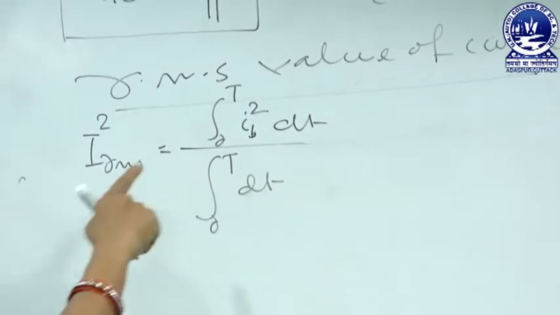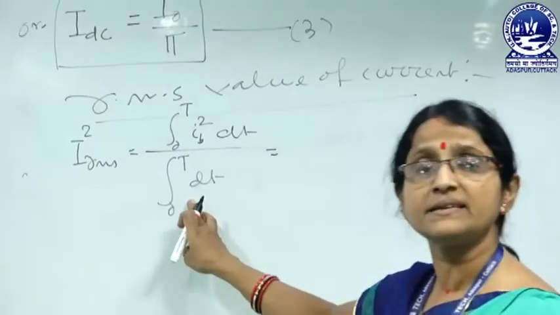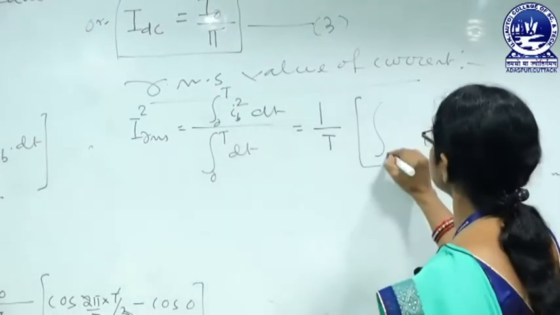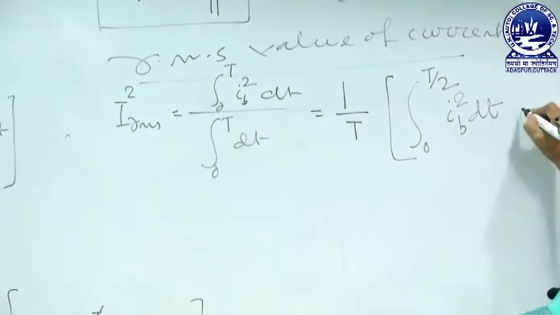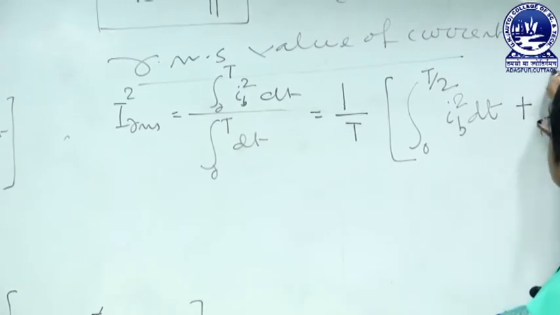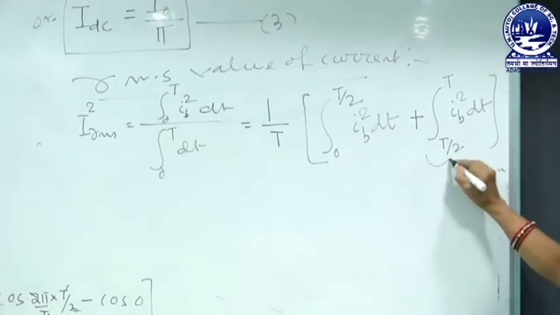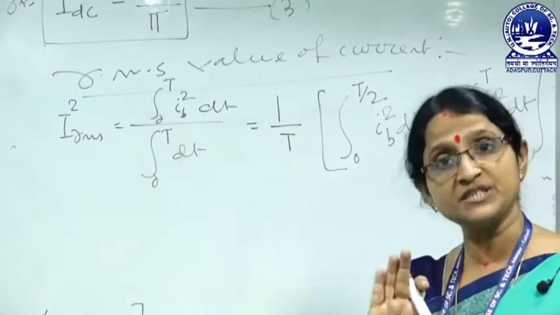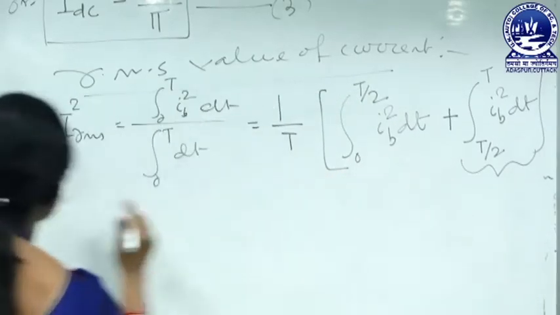Likewise, we divide into two parts. The denominator is T, so 1 by T integration 0 to T by 2 IB square dt, then plus integration T by 2 to T IB square dt. But during the negative half the current is 0, so the second term doesn't come, only the first integral comes.